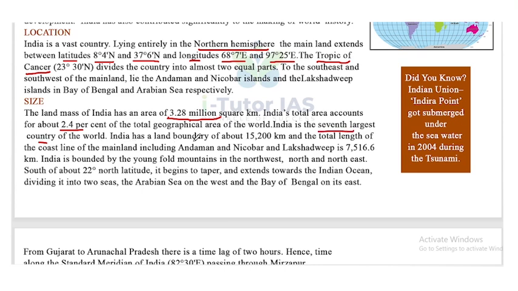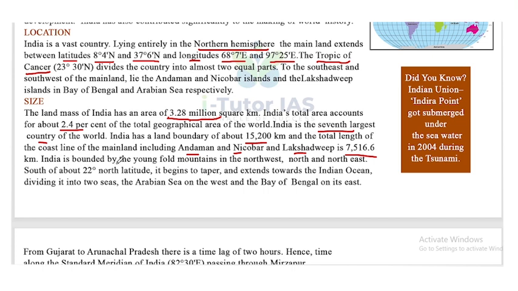India has a land boundary of about 15,200 km and the total length of the coastline of the mainland, including Andaman and Nicobar Islands and Lakshadweep, is 7,516.6 km.